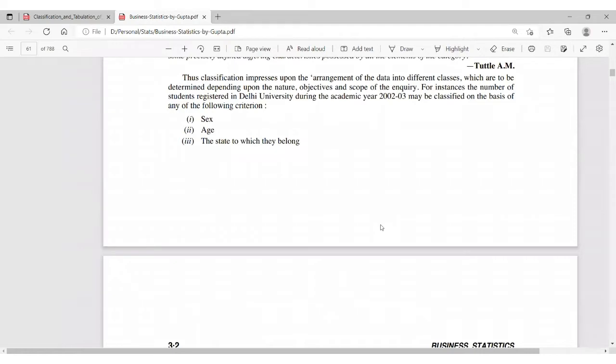Let me assume that you fill the form online. So what happened? They got the data. You fill the form: your name is this, your age is this, your father's name is this, your address is this, you belong to this region, this state, and everything, right?